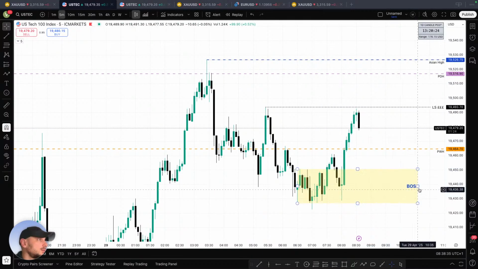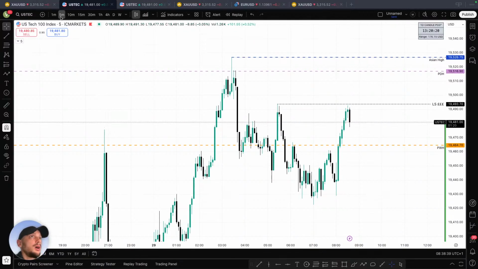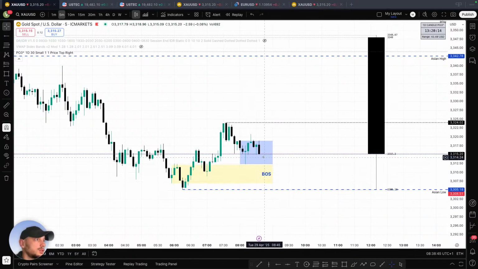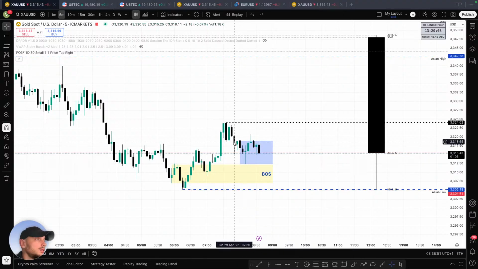Well, this is gonna wrap up today's session. What happened? Our bias for the gold was sell to the Asian low or to the break of structure. We made 1.2R, 1.18 on a sell. Not bad, not bad.